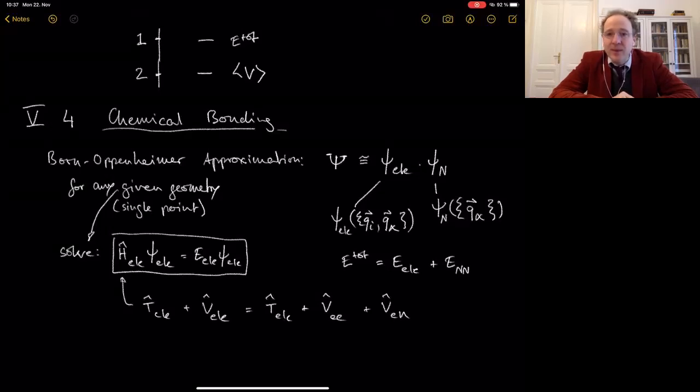You can include it in the operator. It's all classical. The electronic contribution collapses just into its own inner product, and so you don't need this term to solve the electronic Schrodinger equation.